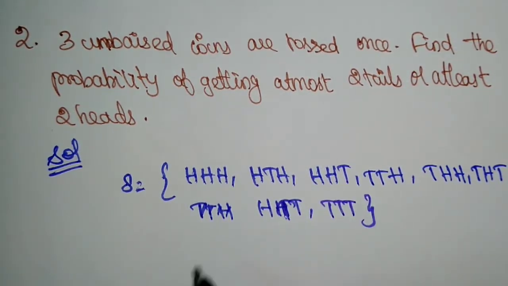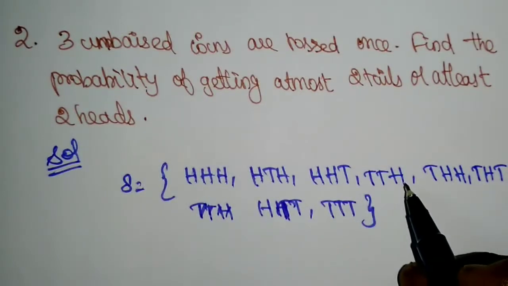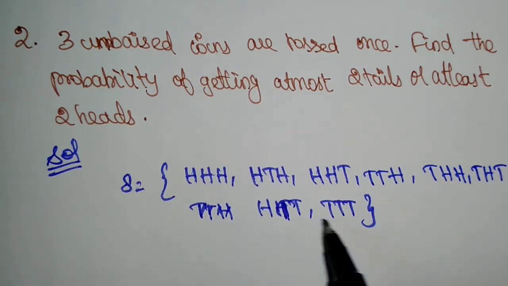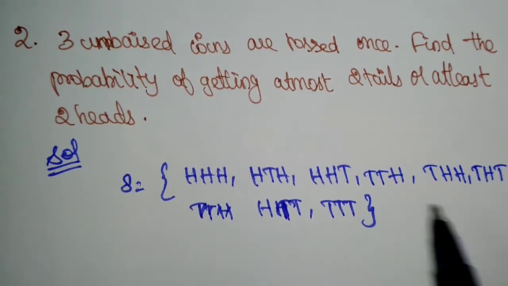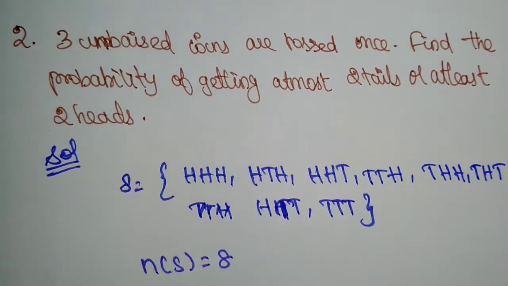Okay. So HHH, HTH, HHT, TTH, THH, THT, HTT, TTT. Okay. This is the sample space. So N of S is equal to 8.